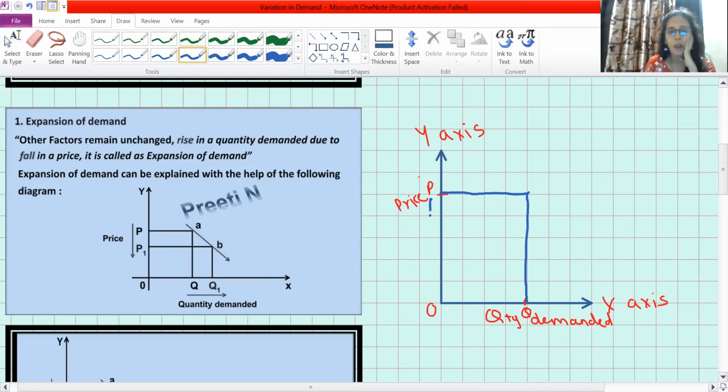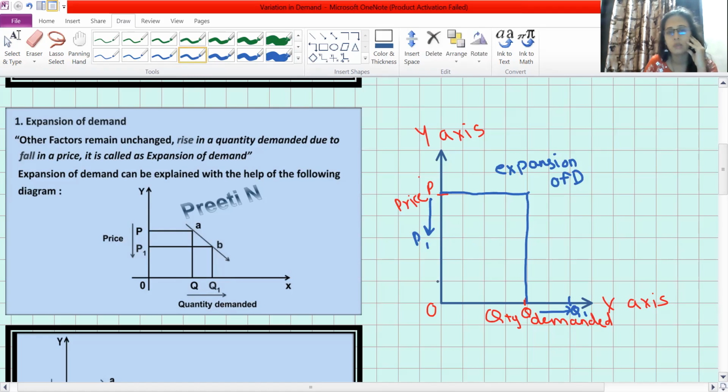Now the price is falling. The price is falling because we are showing expansion of demand. If I want to show the expansion of demand, I have to reduce the price. So my new price is OP1. Now here my quantity demanded has increased, maybe suppose I have taken Q1.